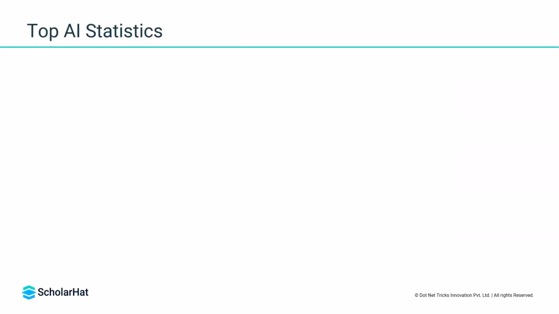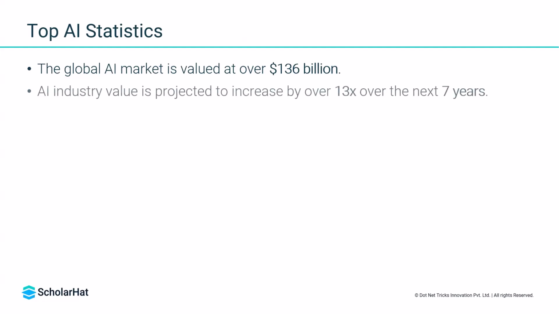When it comes to the top AI statistics, as I mentioned already, the global AI market is valued at over $136 billion. The AI industry is going to grow 13x within a time frame of 7 years.